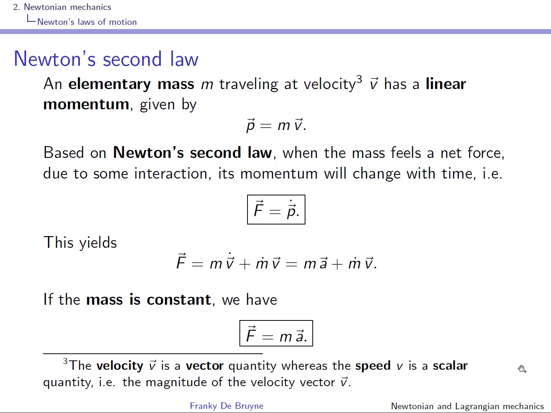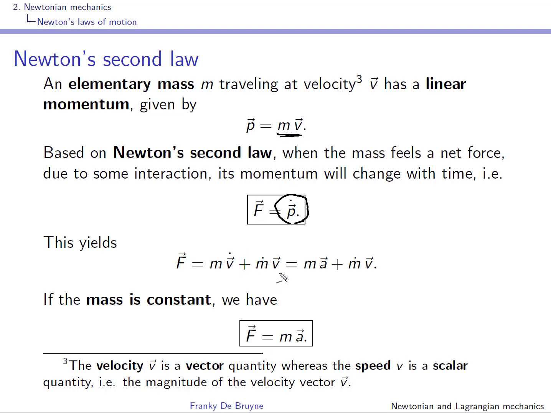And what the second law of Newton says is that if there is a change in momentum, it is equal to the net force acting on the mass. Okay, so now let's have a look at this variation of linear momentum. You have the product of two things here, mass and velocity.